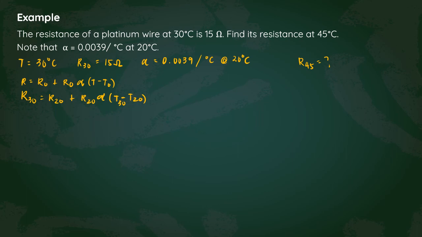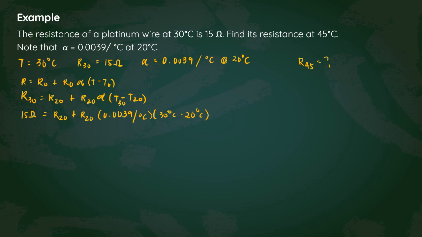So substituting our values, we know the resistance at 30 degrees is 15 ohms, equals R20, which we don't know because that's what we're trying to solve here, multiplied by the coefficient of the temperature per degree Celsius times 30 degrees Celsius minus 20 degrees Celsius.